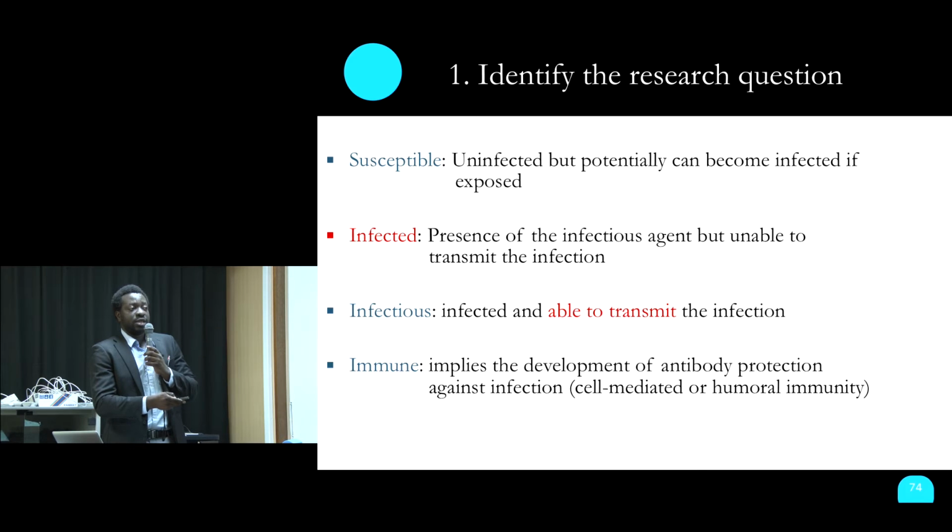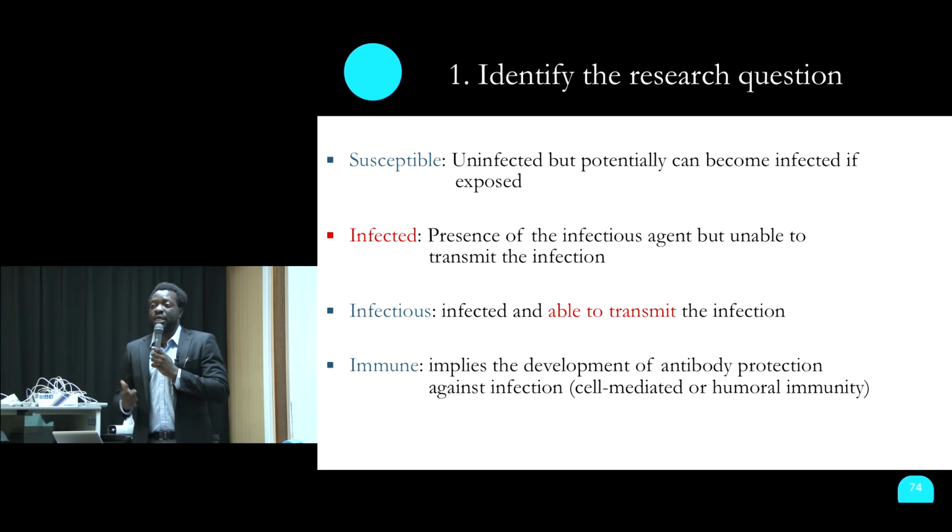Infectious means that you are infected, but you are also able to transmit the infection. Immune, it's simply that you're protected. But in our case here, we don't have infected. We just assume that once you become infected, you are also infectious. You can transmit. So we're trying to make it very simple here.